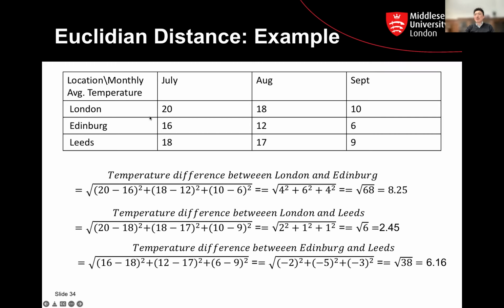Okay, so if you were to calculate the temperature difference between London and Edinburgh, will you use Euclidean distance or some other way? Euclidean will be better. And anyone else? Because it's also used in, let's say, KNN clustering. Can you think of any other ways that will be better when you calculate the temperature difference between 2 cities?